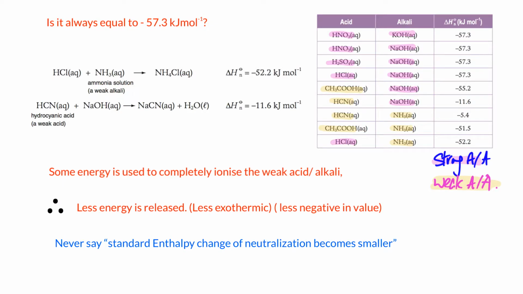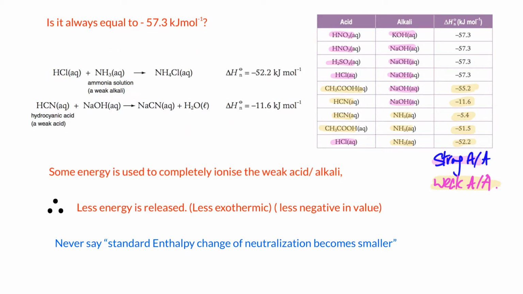So whenever the neutralization involves a weak acid or weak alkaline, you realize that the energy released will be less than 57.3.